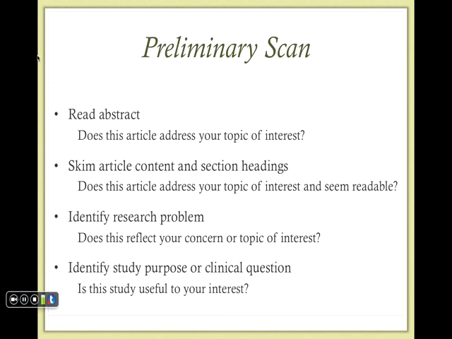Then skim the article and look at the different section headings. Those will always be in big, bolder print, and we'll go over that in a minute. Does this article seem to address the topic of interest and seem readable, or is it written way above your level of understanding and it's really not appropriate to your needs?